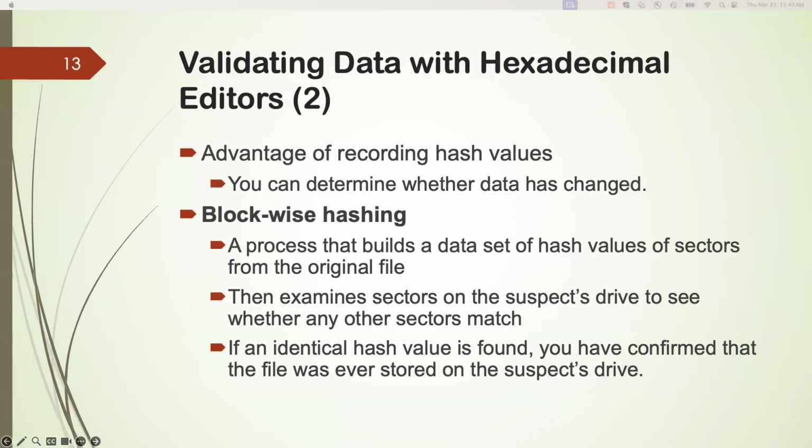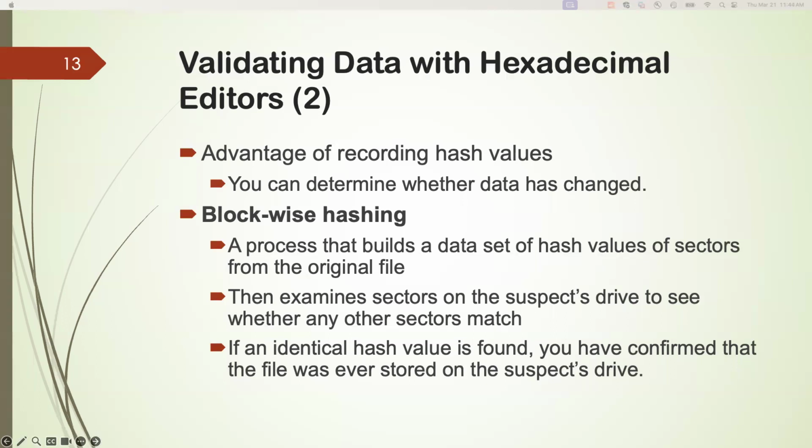So now if you try to compare the complete hash with the hash of all the content on your hard drive, you might not get a one-to-one match. In that case, most of these tools like WinHex provide you with the capability of blockwise hashing.